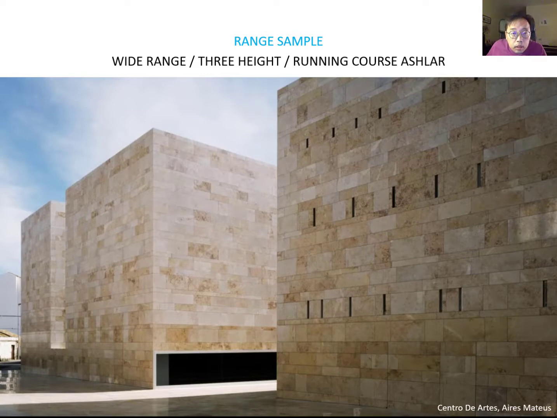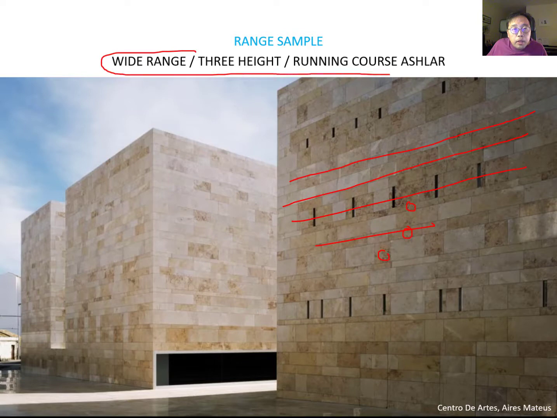You can see the triple height, double height, and single height, and they also use running course echelon, because everything is a continuous layer. They combine these three different arrangements and the wide range together to make this elevation. Depending on the combination, you can make a unique elevation type from your design.